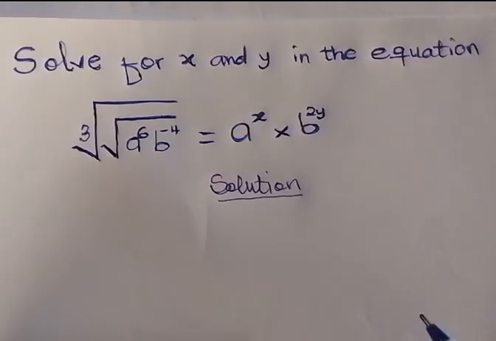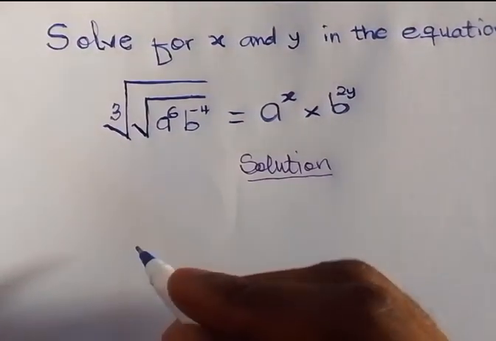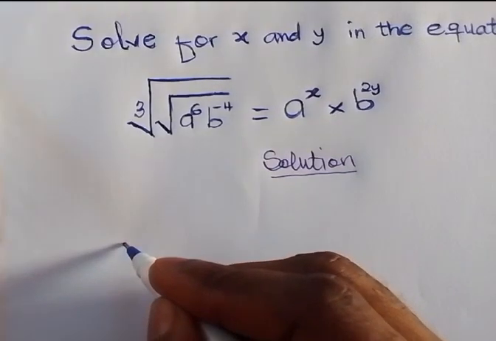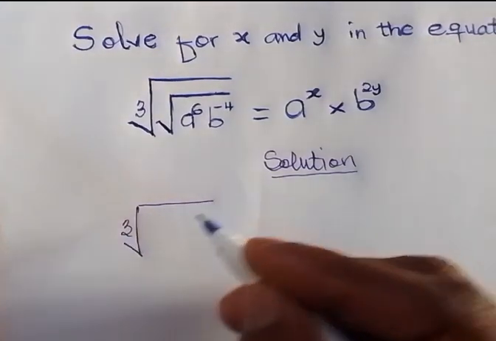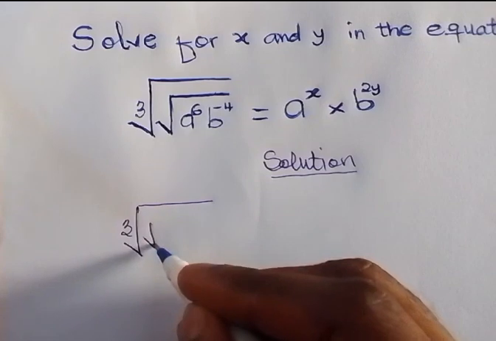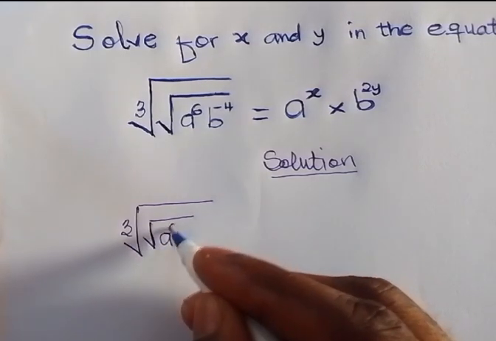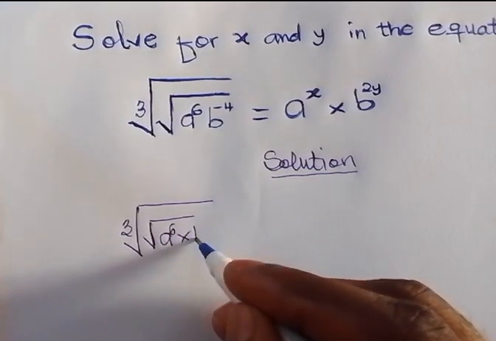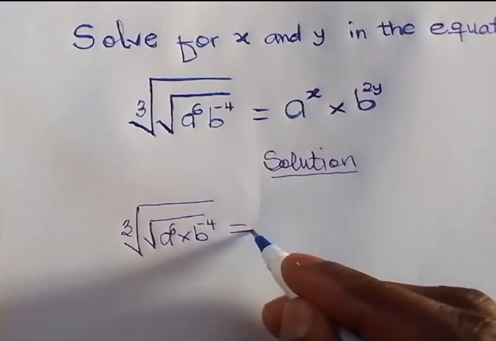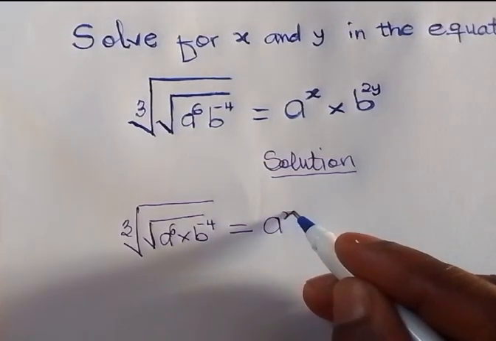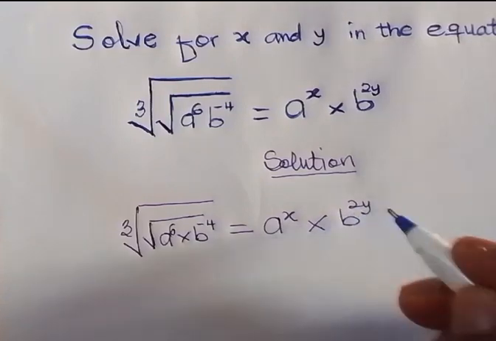All right. So I'm going to copy the question again. So I have the cubic root of the square root of a exponent 6 times b exponent negative 4, which is equal to a exponent x times b exponent 2y.